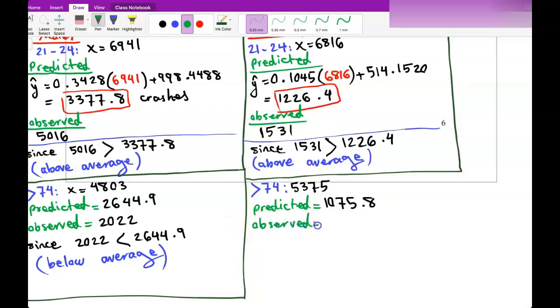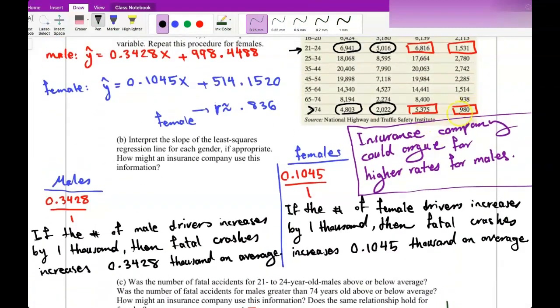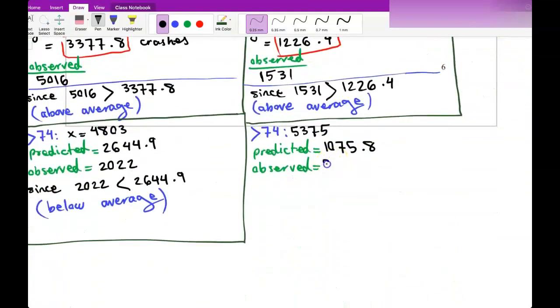And observed from the table is 980. Now compare these two: since observed is less than predicted.